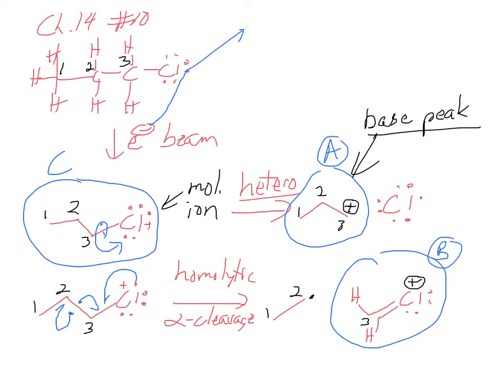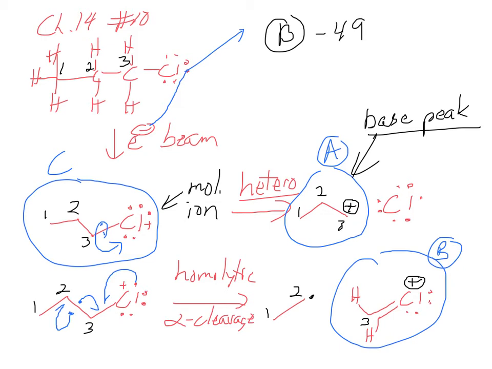Let's take it even another step further. What's going to be different? Let's analyze fragment B a little more. What's the mass of fragment B? What should the mass be, that peak that we expect? So 12 plus 2 is 14, plus 35 is 49.